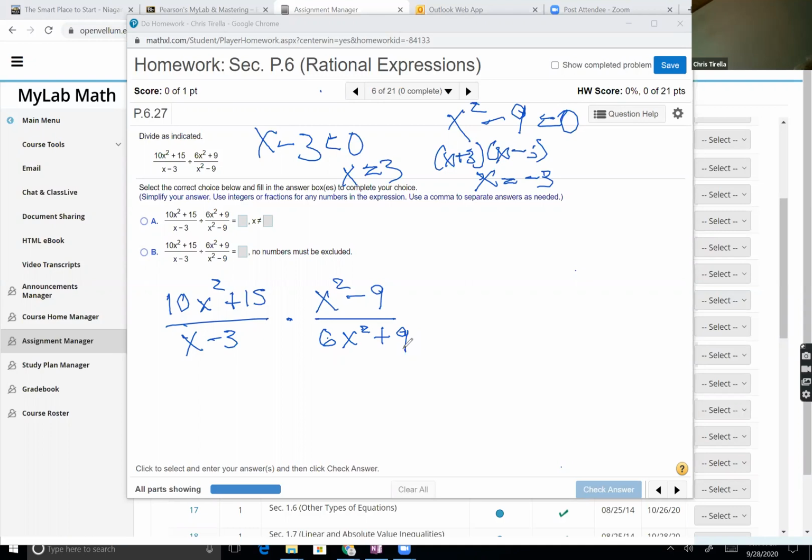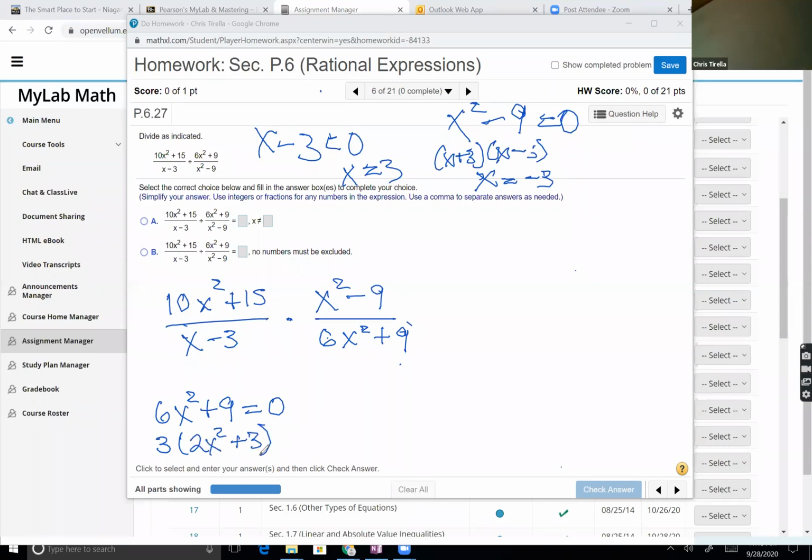Then we worry about where this denominator equals 0. For 6x squared plus 9, there's a common factor of 3, which leaves 2x squared plus 3.